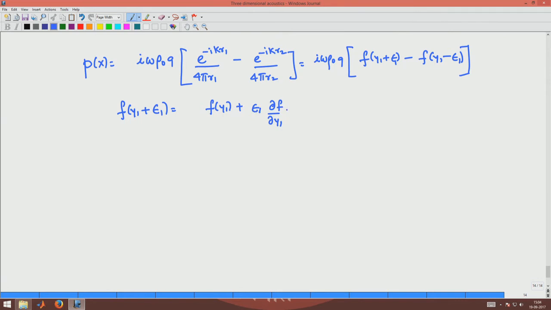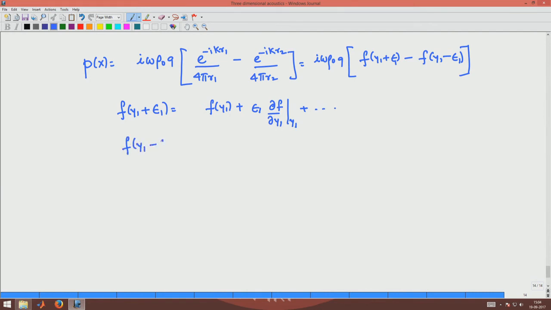So, del f del y 1 has to be evaluated at the value of y 1, okay. That has to be evaluated at this y 1 value, and then there can be other terms, but we choose to ignore those terms.